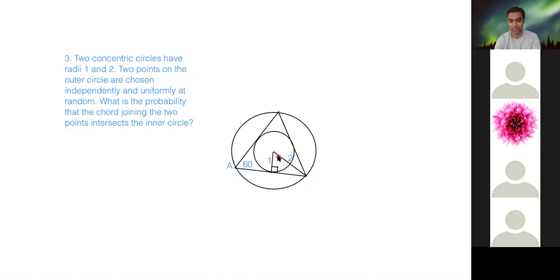And there's a property that if 1 is x, then the hypotenuse is always 2x in a 30, 60, 90 triangle, and the other long side is square root of 3 x. Yeah, that's exactly correct.